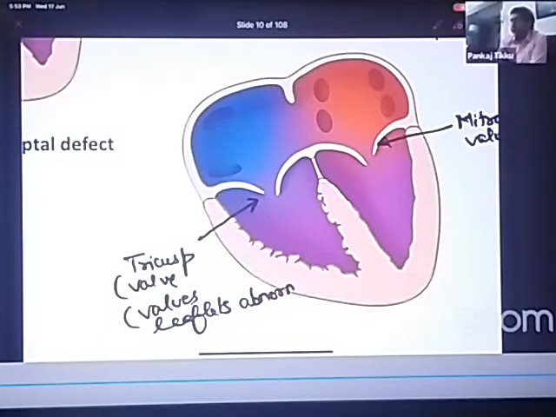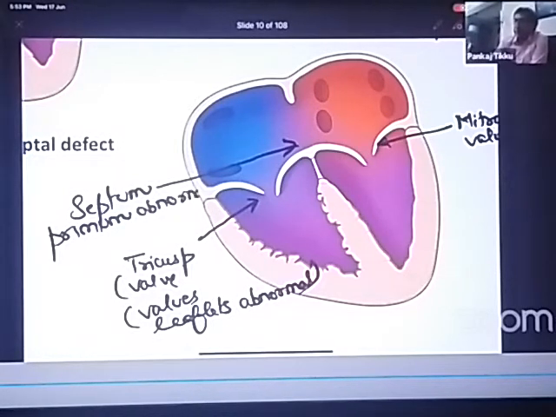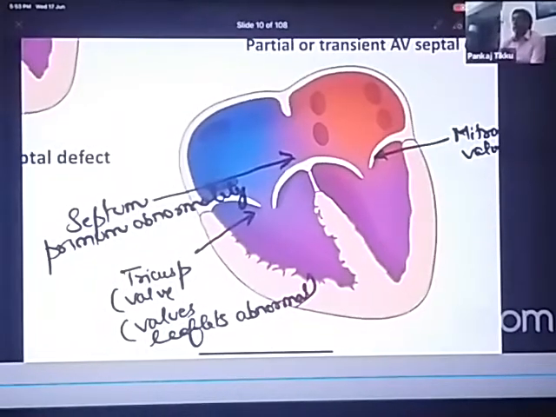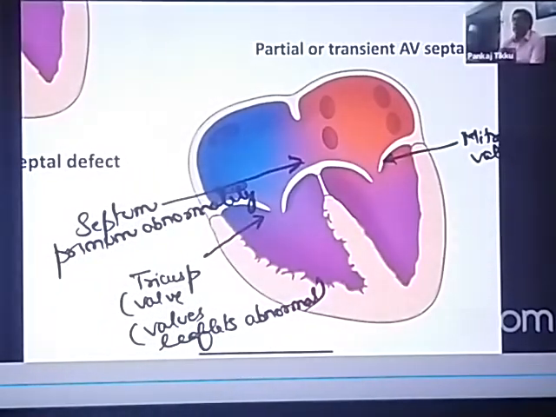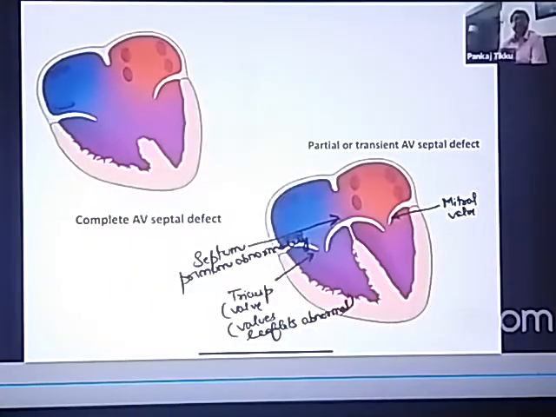They are not properly developed. Plus, there is presence of a septum primum abnormality. What is septum primum abnormality? It is an abnormality which is present in the lower part of the atrial septum. So, septum primum abnormality.